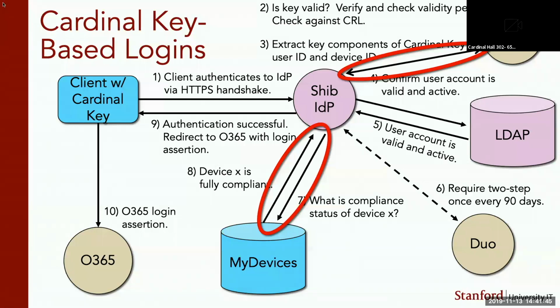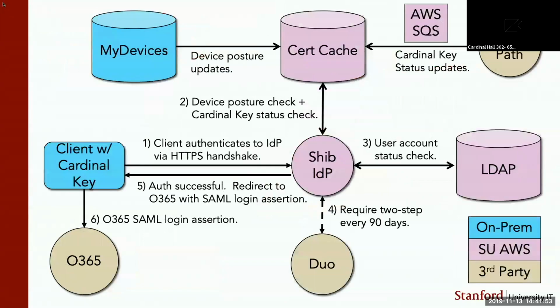And then My Devices, it just so happens we didn't design it to be transactional, so we needed a real transactional system. So here's our actual architecture, where we have what we call the cert cache. It combines information about the Cardinal keys from CloudPath, which is our CA and generates our keys, and the information from My Devices. It's actually packaged with Shibboleth, so it has all the HA features built in, and that's how we resolved some of those issues.